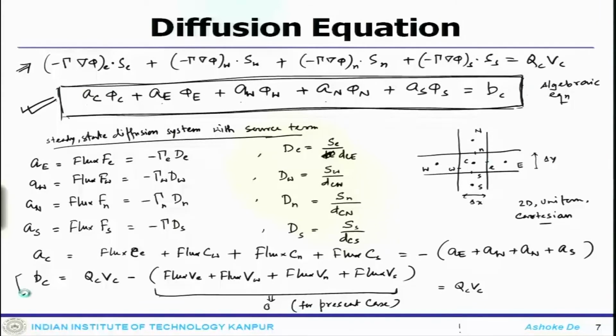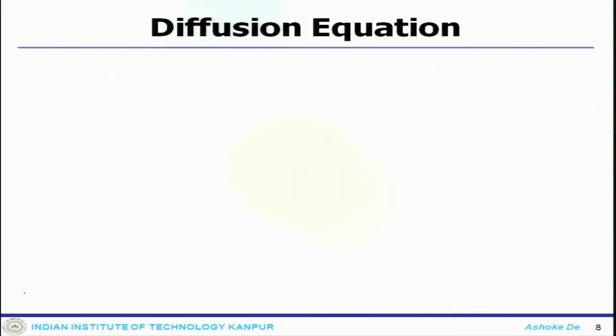So, if we write that equation in compact form, it will look like A_C phi_C plus the summation over all the faces f of A_f phi_f equals B_C.